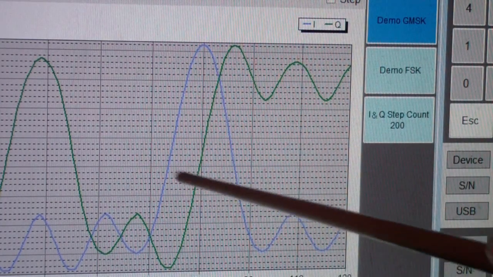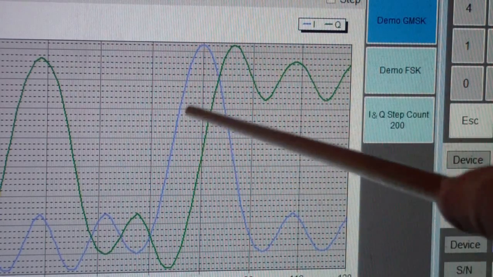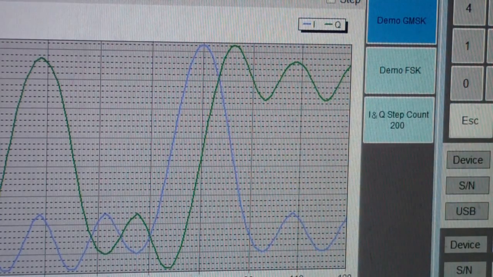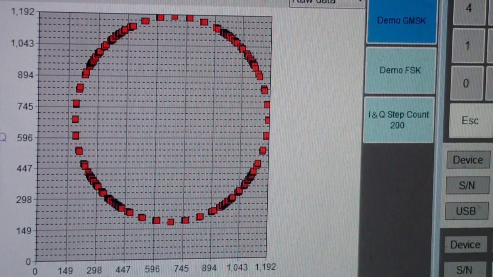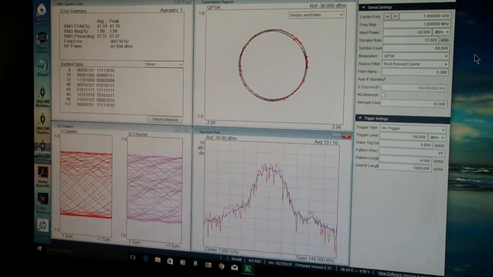So what has happened here is that this signal has been processed so that it produces this characteristic in the constellation. So now let's go over and look at what it looks like on the spectrum analyzer.